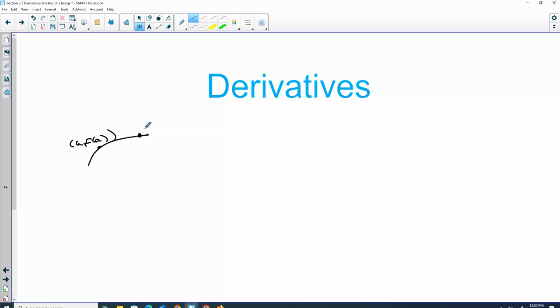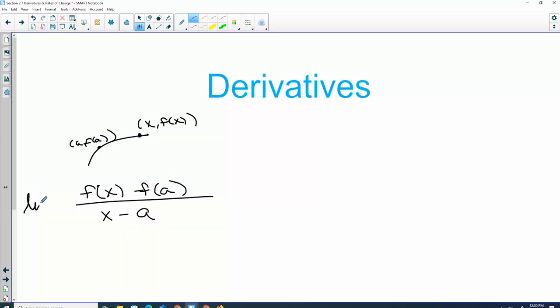And if I wanted to find slope, I had to have some other point on my graph, x, f of x. We know slope between them is y2 minus y1 over x2 minus x1. But if I want the true slope, just like when we made those tables, those numbers had to get closer together. So we do the limit as x approaches a. That was definition 1.